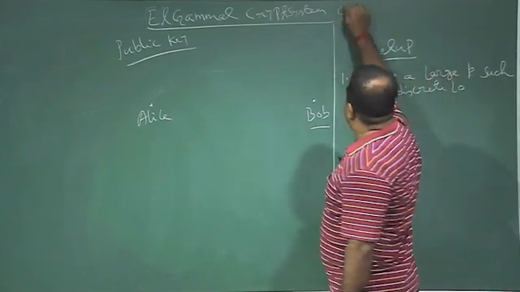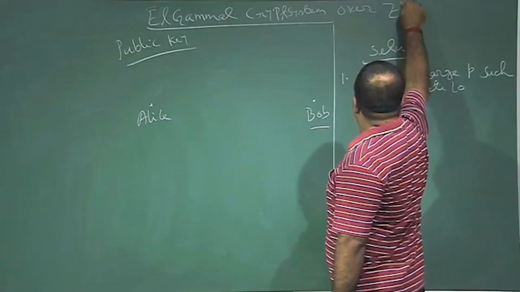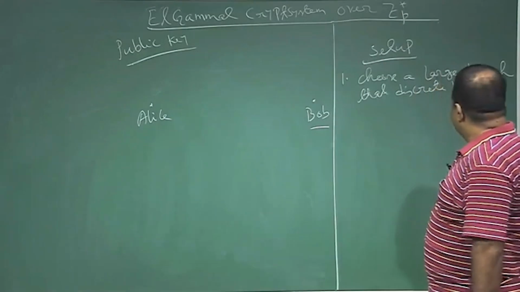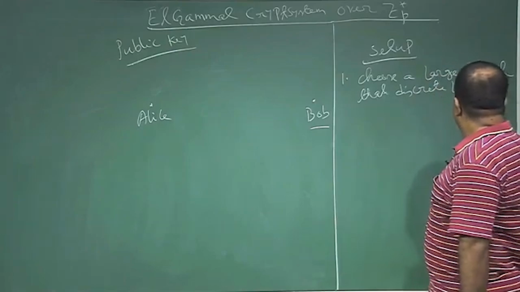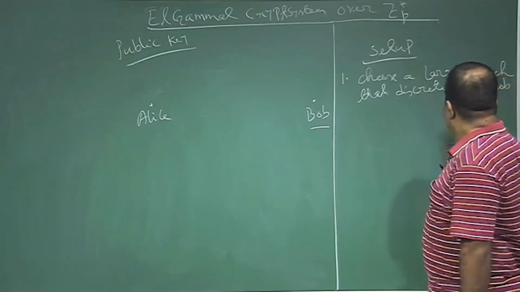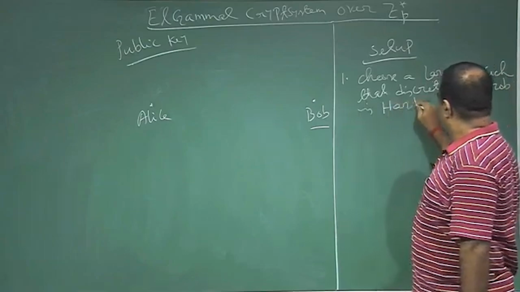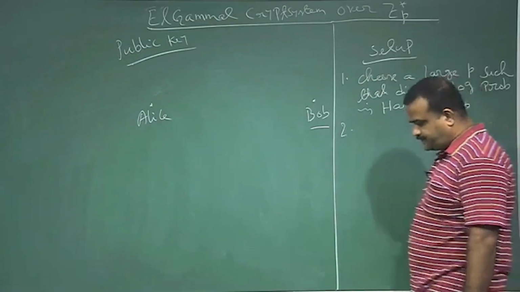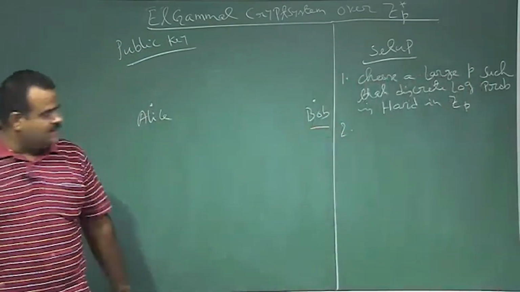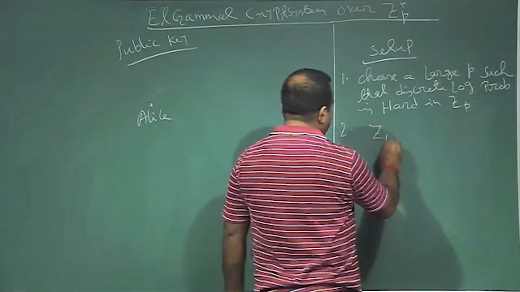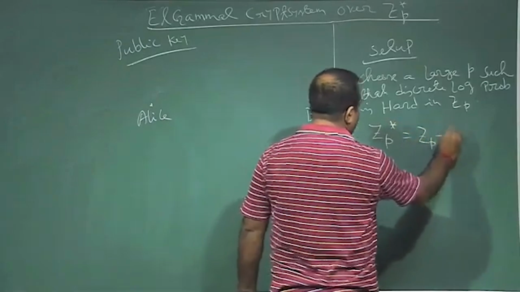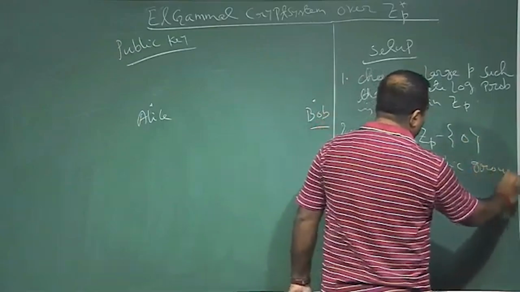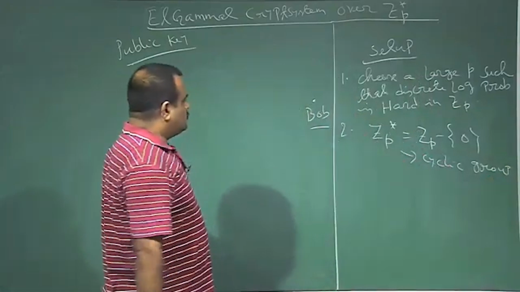This is the ElGamal crypto system over Zp star. Then Zp star, which is Zp minus 0, is a cyclic group, so it has a generator.